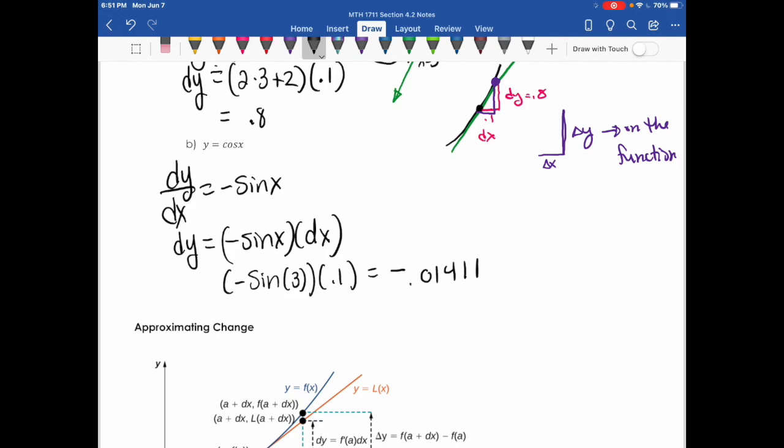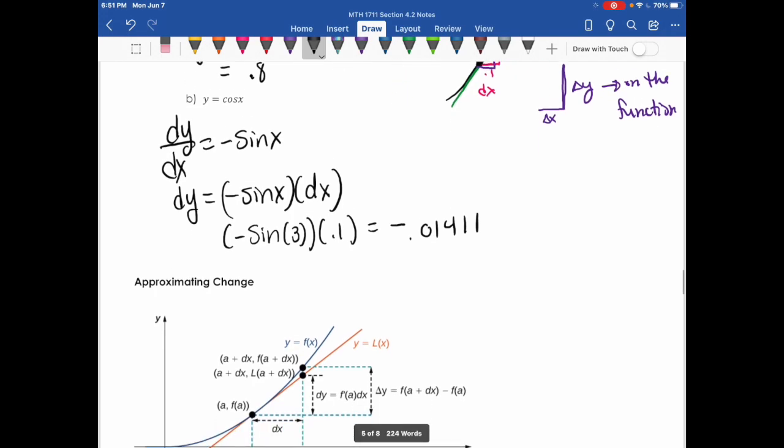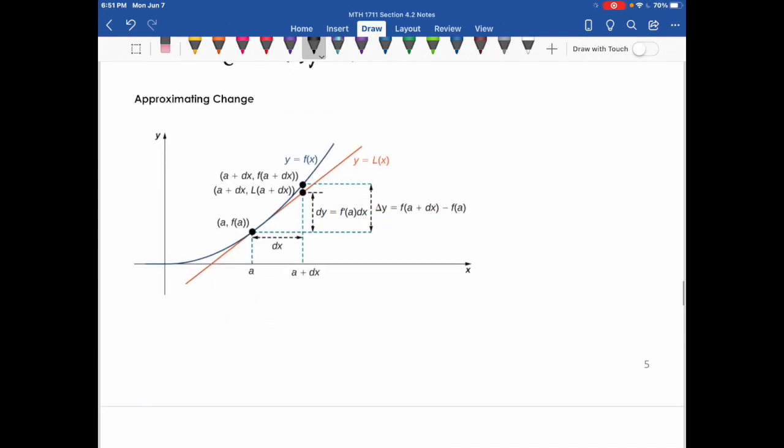So what this means is if I'm looking at the graph of cosine at x equals 3, which is really close to pi, if I go over 0.1 to 3.1, then the change in y on my tangent line is going to go down 0.01411 approximately.